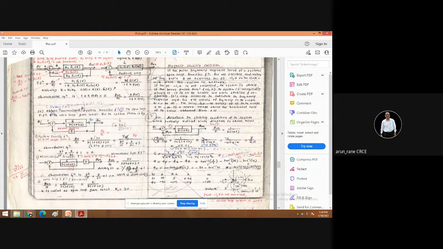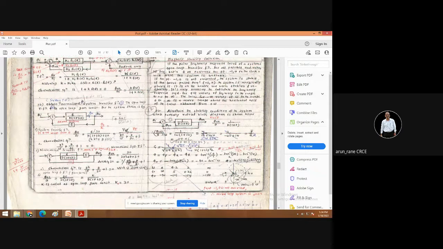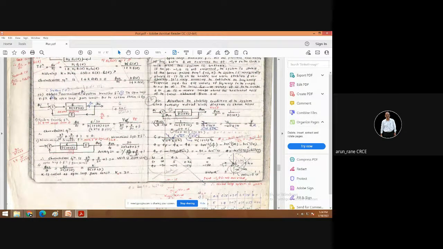So this is a graph. Now check. So minus 1 comma 0 is lying outside. So as per the criteria condition, the system is stable.